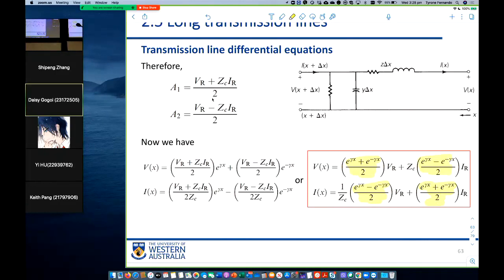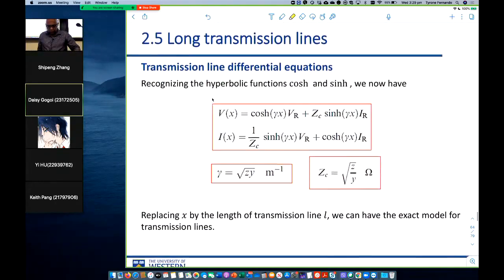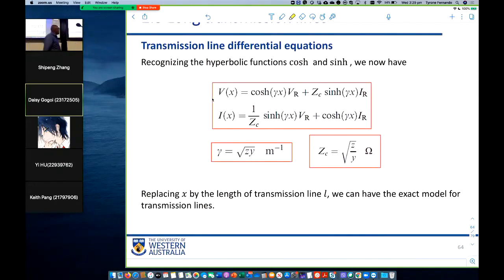So now you will recognize that those terms are actually cosh and sinh, because they don't have a j term there. So we can then write this. Therefore, that term that I highlighted is cosh gamma x. The other term is sinh gamma x.